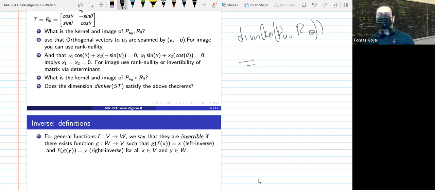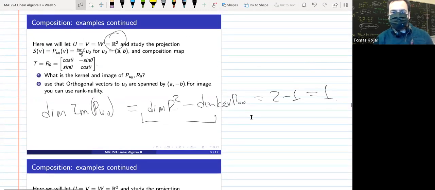Yeah, exactly. Why is it not two-dimensional? Well, this is what rank nullity gave us, but why is it true that it's one-dimensional? You can see it from the formula.